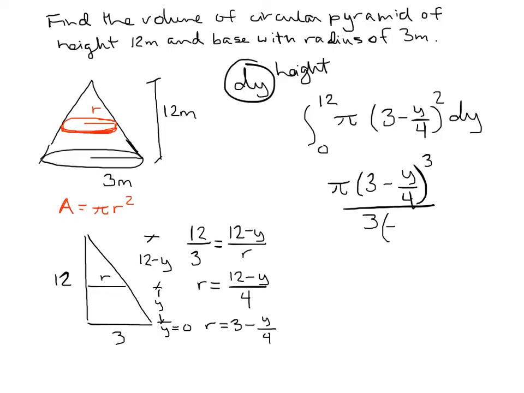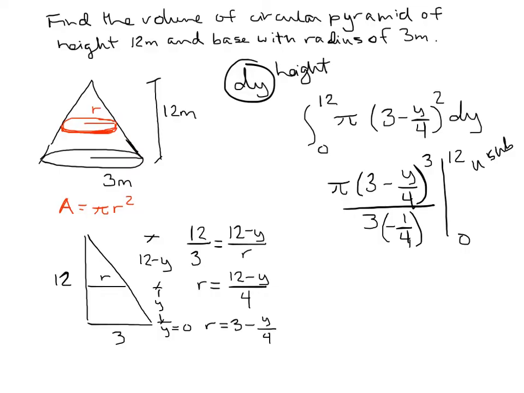The derivative of that inside part is negative 1/4. And I need to integrate this from 0 to 12. Hopefully that wasn't too confusing. If you found that too confusing, just do a u sub. The other thing you could do is square that whole term. You could multiply it all out and then integrate that. We should get the same answer.